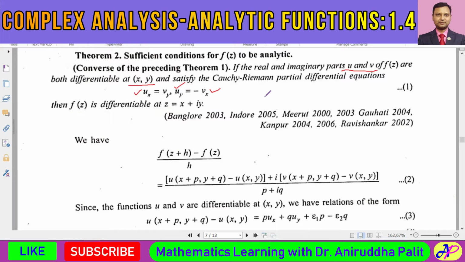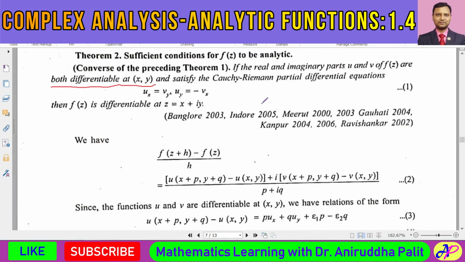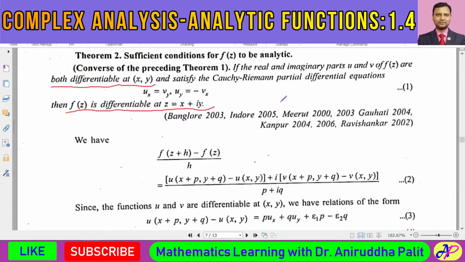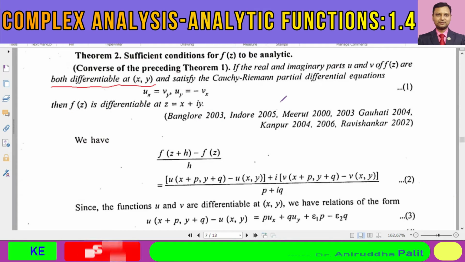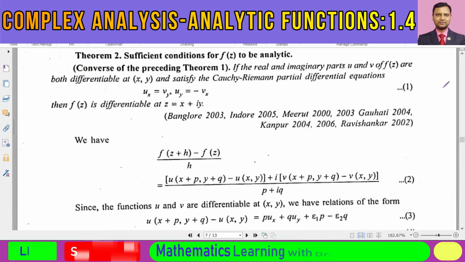Over here, the real and imaginary parts are given to be differentiable at the point x and y, satisfying the Cauchy-Riemann equations. Then we are going to show that f of z is differentiable at the point z is equal to x plus iy. The proof is easy, and this is one of the second important theorems in this chapter that can be selected in the exam.